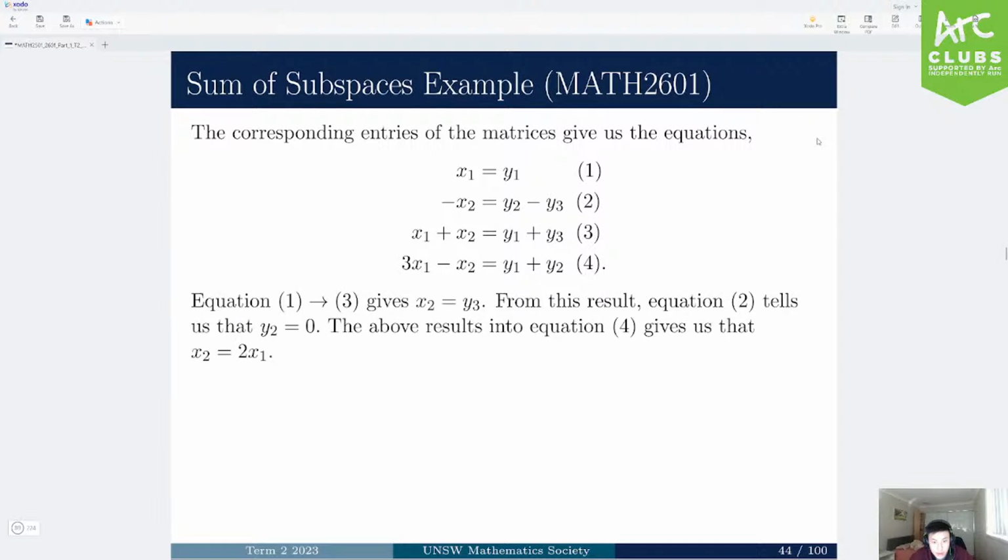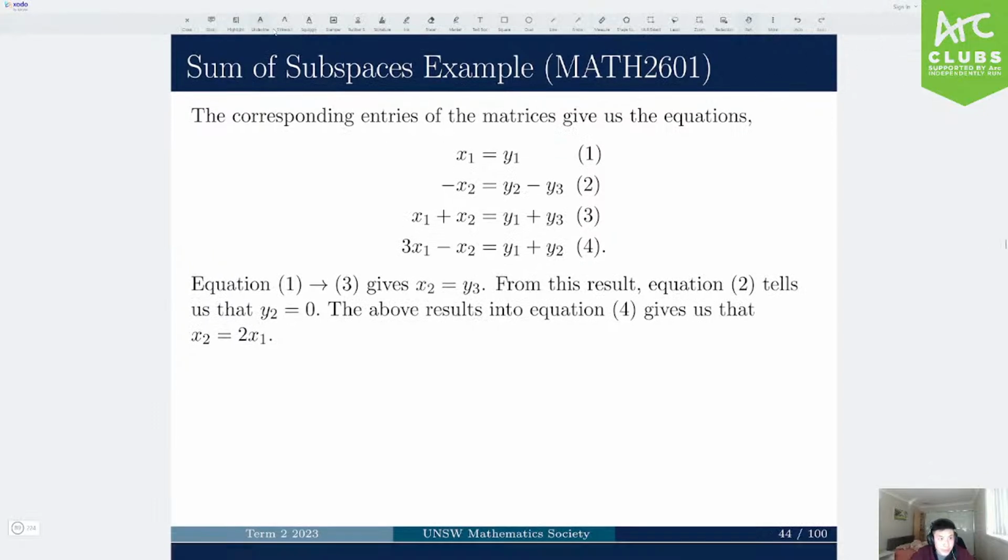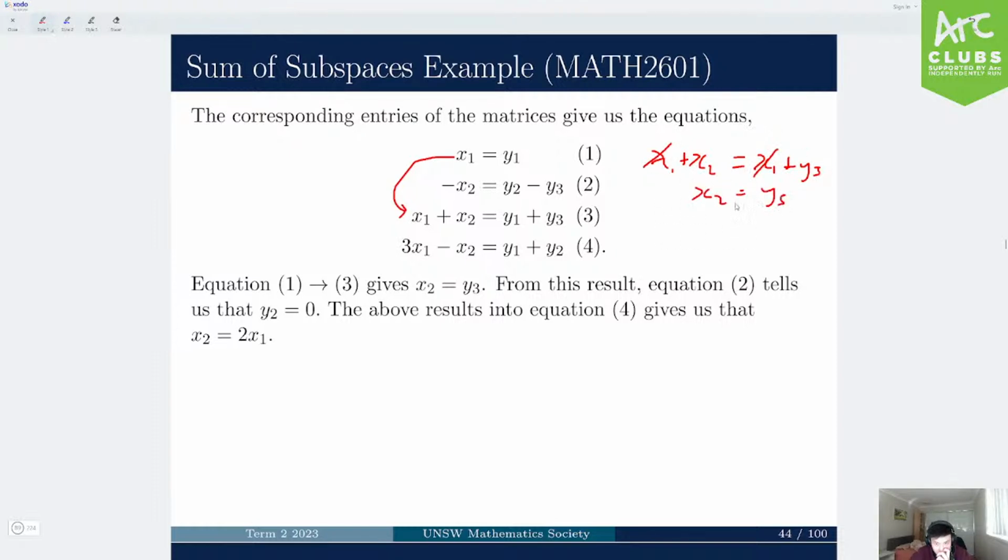Now, if we sub equation 1 into equation 3, we get x1 plus x2 is equal to x1 plus y3. Cancel these out, we get x2 is y3. This result we can again sub into equation 2, and that would get us y2 is going to equal 0.